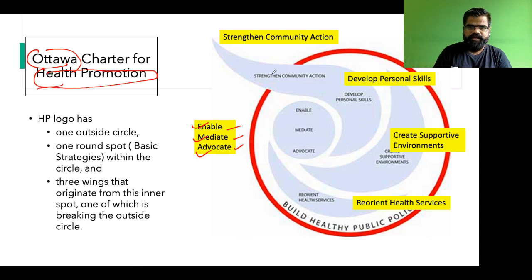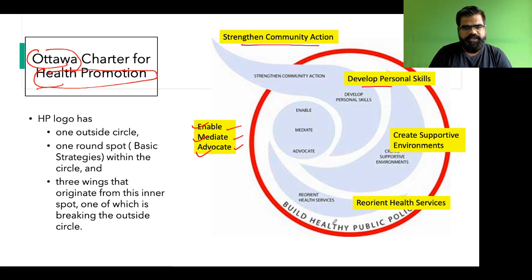One wing crosses the bigger circle also. That talks about developing personal skills and strengthening community action. The second wing talks about creating supportive environments. And the third one talks about reorienting health services. And the outer circle is talking about building public health policy.